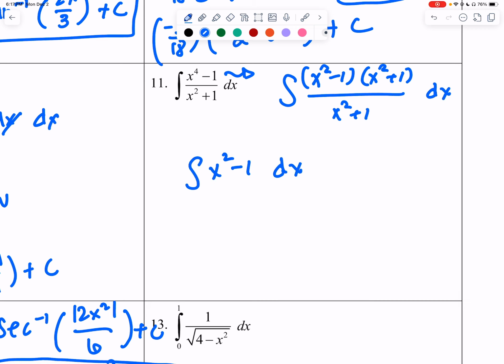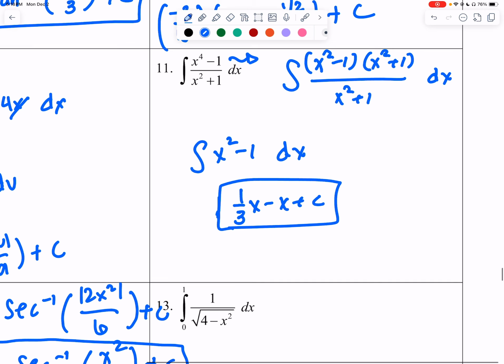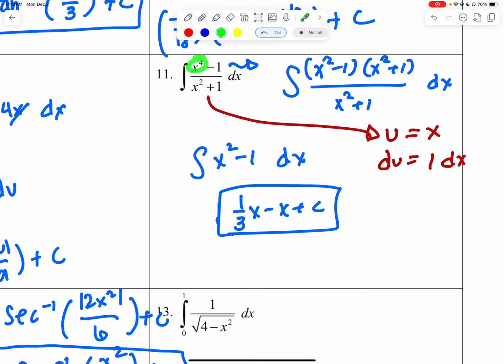I'm left with x squared minus 1, which gives us 1/3 x cubed minus x plus c. Now, obviously, this one wouldn't have been inverse tangent because then your u would just be x, and then your du would have been 1, which then would not cancel out with x to the 4th.